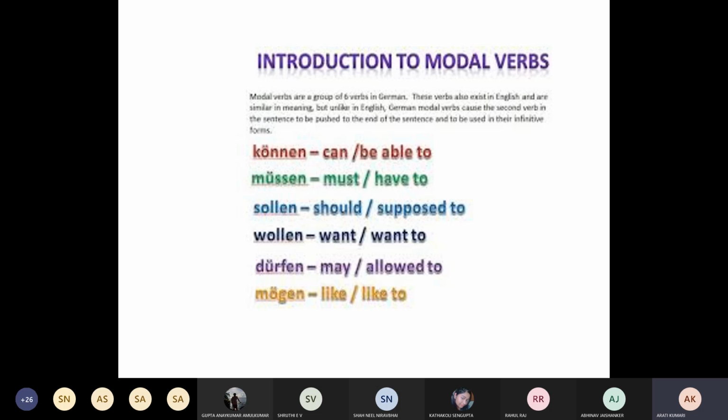Now, if you want to talk about your ability to do something, then also we use this verb. This means I can speak German. Yeah. You can be more precise also. You can say, ich kann lesen.